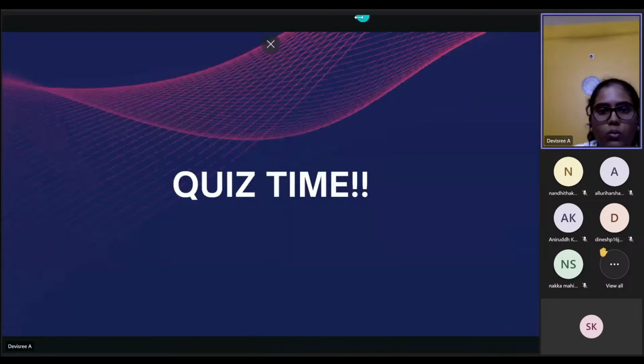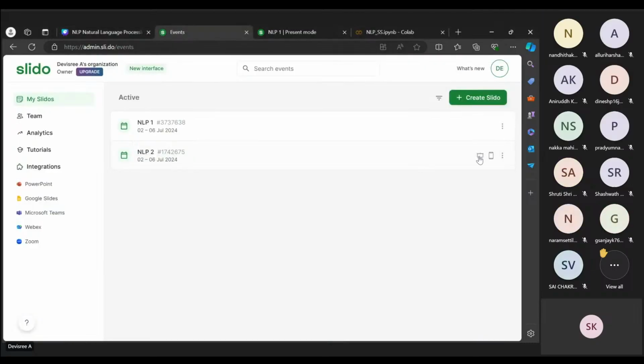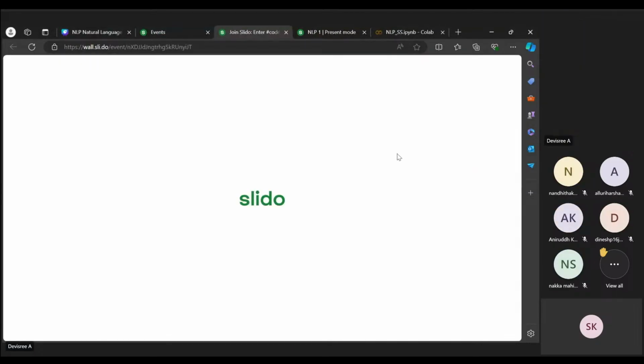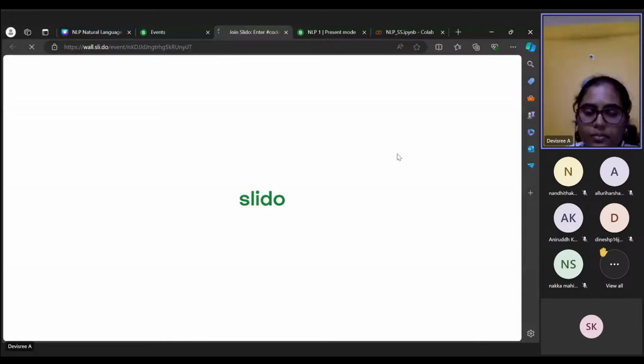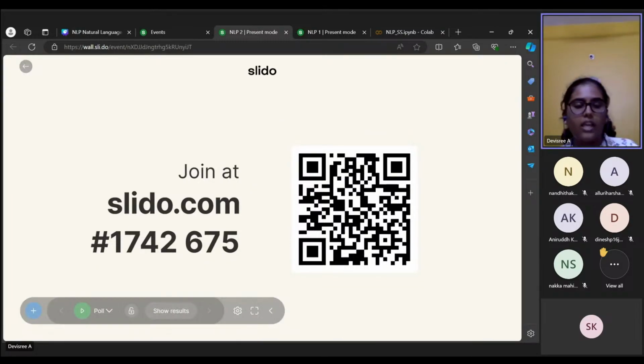Okay, so we're done with the theory. Now we'll have a Slido quiz. Then I'll take up doubts if you guys have any, and then we'll move on to code implementation. Yes, so everyone scan this QR.